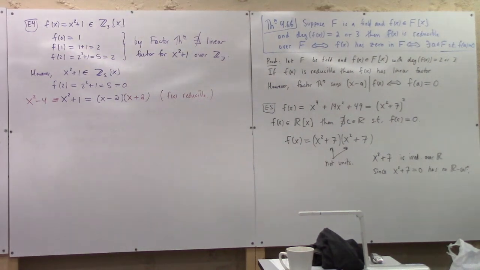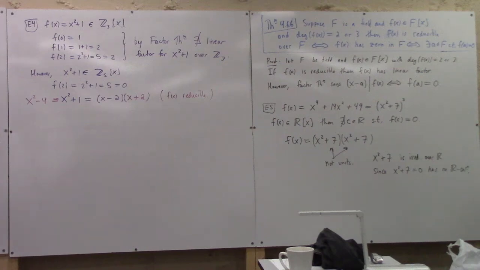4.6.13. Let p in Z be prime. All right. And suppose f of x in Z[x], polynomials over Z, has degree larger than or equal to 1.